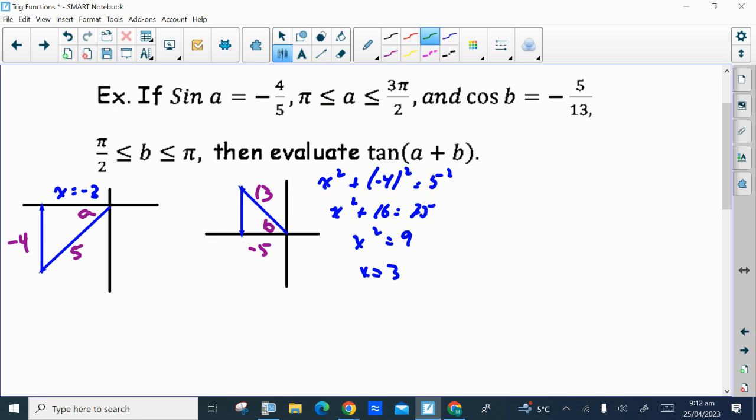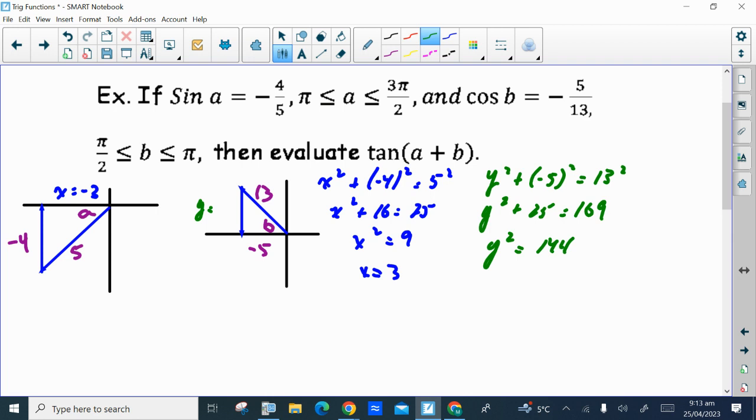And in the second triangle, we need to find the length of y using Pythagorean theorem. Y squared plus negative 5 squared equals 13 squared. So y squared plus 25 equals 169. When you subtract 25 from both sides, y squared will equal 144. So y equals 12. And that's a positive 12 because you're going upwards from the x-axis.